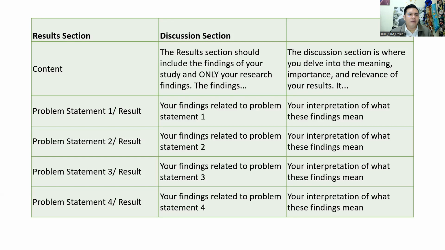Suppose that you have 4 statements of the problem in your study. The problem statement number 1 will have its result number 1, your findings related to problem statement number 1 that are presented as the result, and your interpretation of this finding would be your discussion. Same with problem statement number 2 and result, problem statement 3 and result, and problem statement 4 and the result.